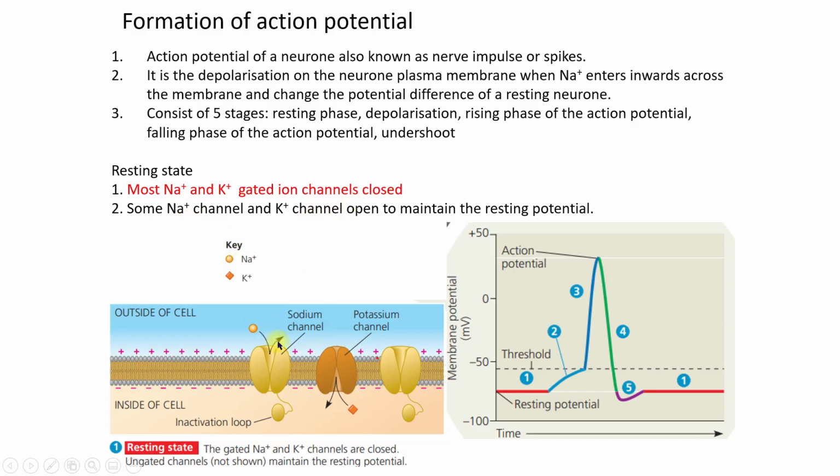So we have a key here. This represents sodium ion and this represents potassium ion. This is the sodium ion gated ion channel, while this is the potassium ion gated ion channel. So during resting potential, these gated ion channels are closed. Only some sodium ion channels and some potassium ion channels are open.